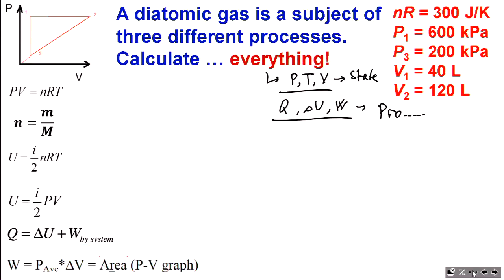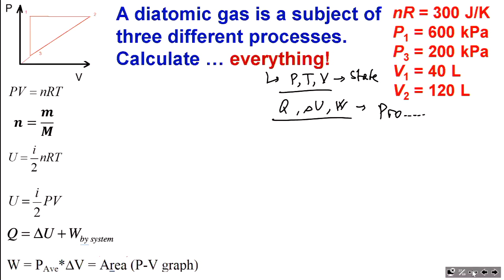And of course, we have three states times three variables, 3 times 3 is 9. And we have three processes and three variables, 3 times 3 is 9, and 9 plus 9 is 18. Technically, we can calculate 18 different numbers. Well, some of those are given: 1, 2, 3, 4, 5. So the rest is possible.